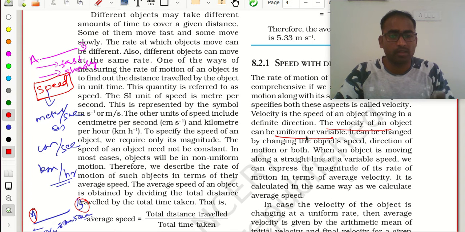The velocity is also changing from its starting position to its ending position, so we need to find some average velocity. The magnitude of the average velocity is equal to the average speed only.